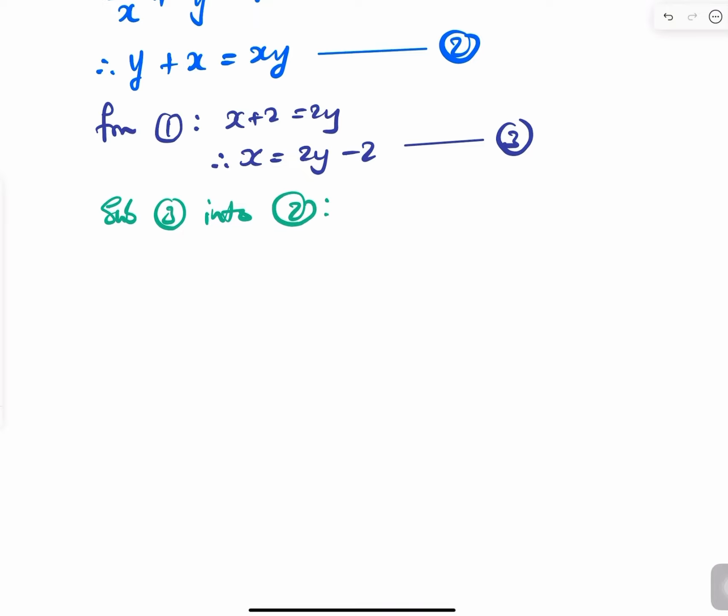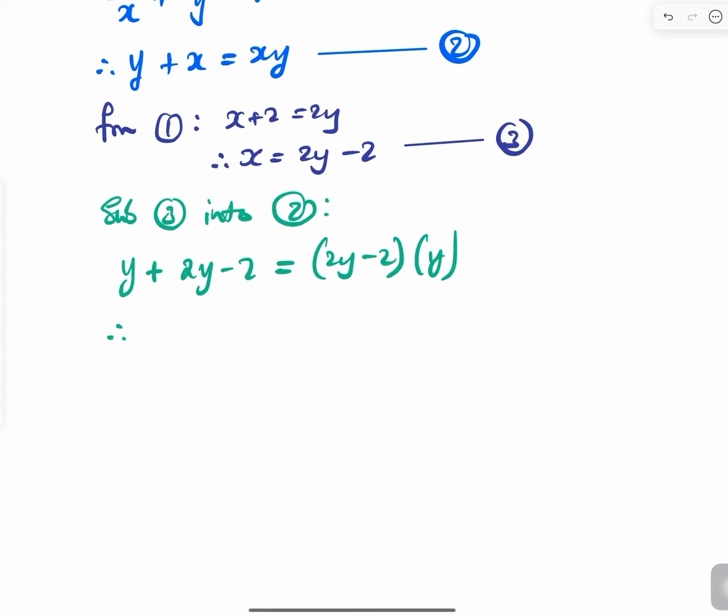In equation 2, wherever there is x, I'm going to substitute 2y minus 2. So you have y plus 2y minus 2 is equal to xy, where x is 2y minus 2, times y.